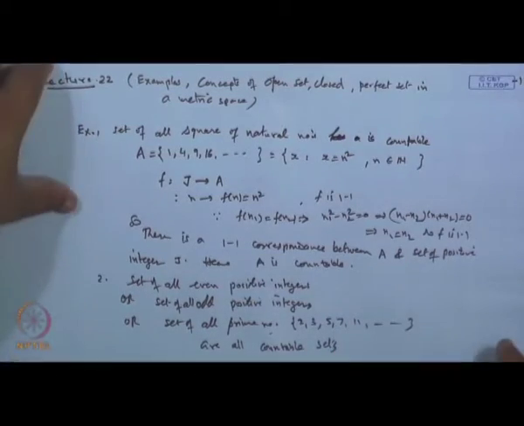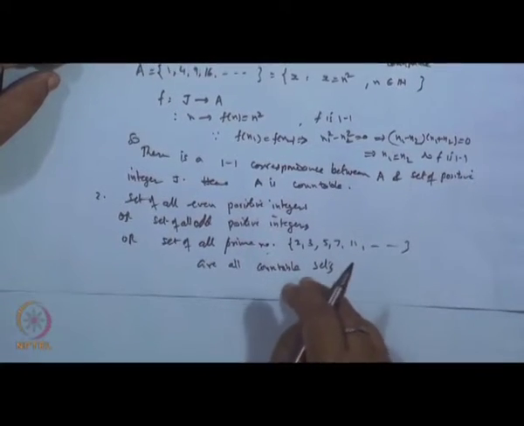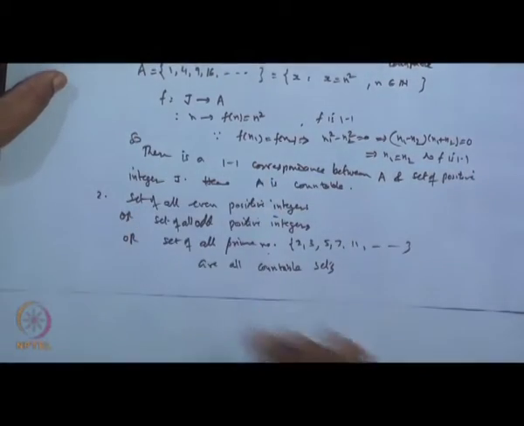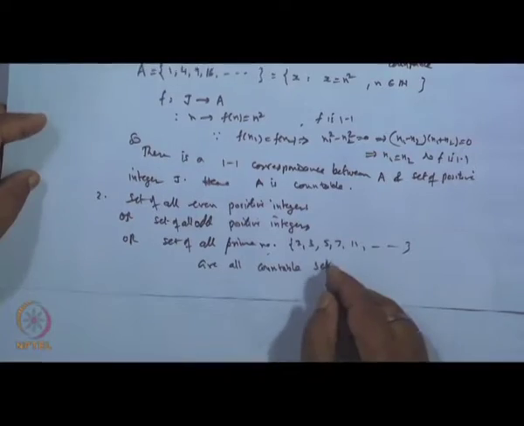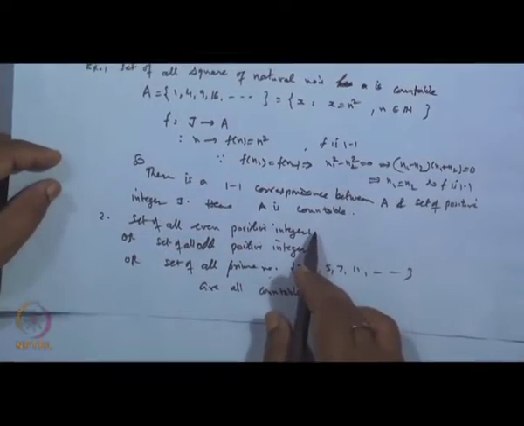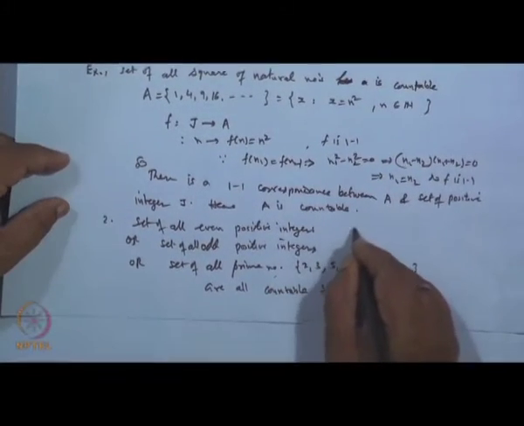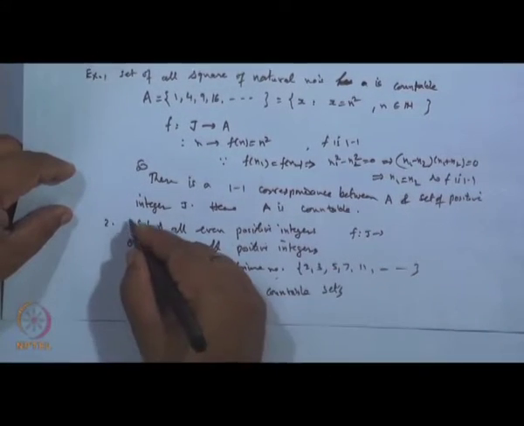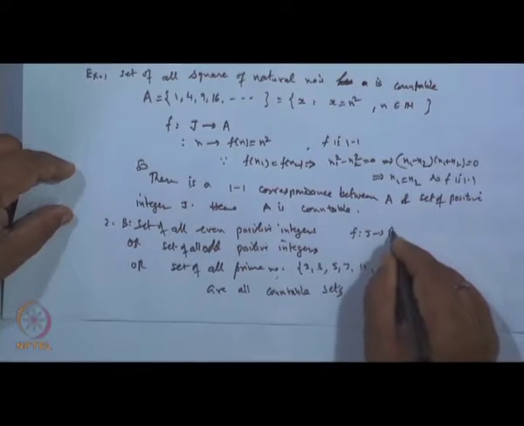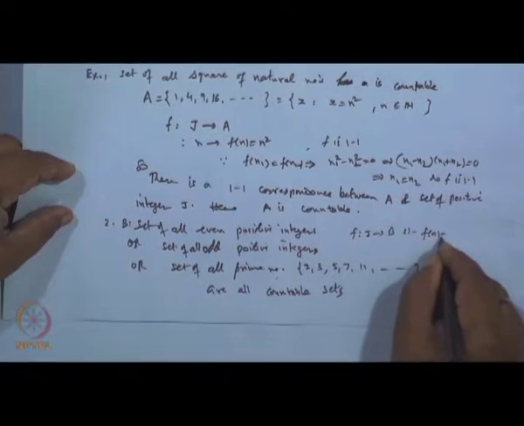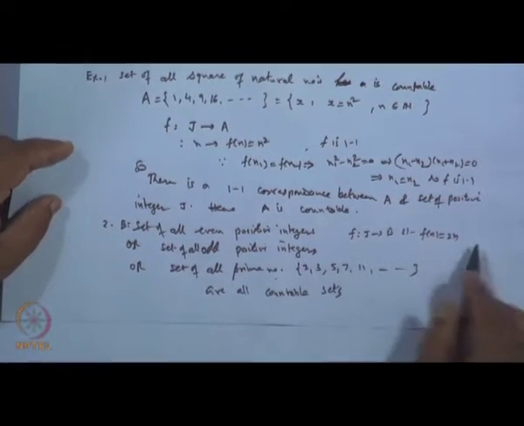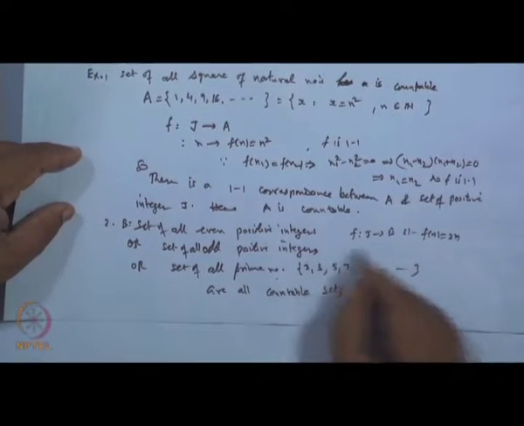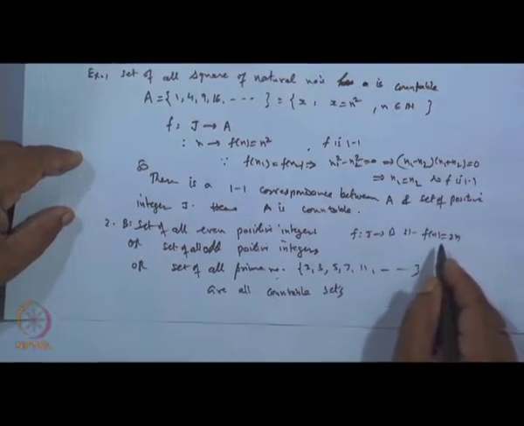Which can be easily shown by drawing a mapping from this set to the set of natural numbers. For the even positive integers, a mapping can be defined from J to this set, say B, such that f of n is equal to 2n. Then this is a 1-1 mapping and onto. Similarly, for odd integers 2n plus 1 and like this.